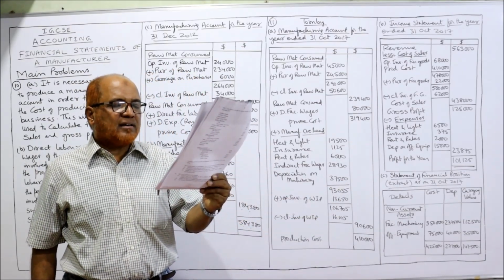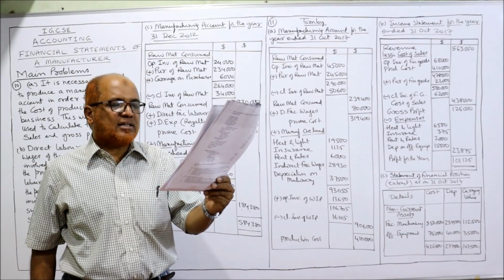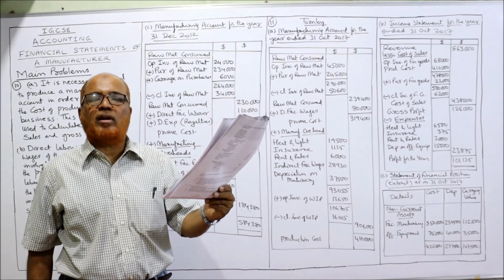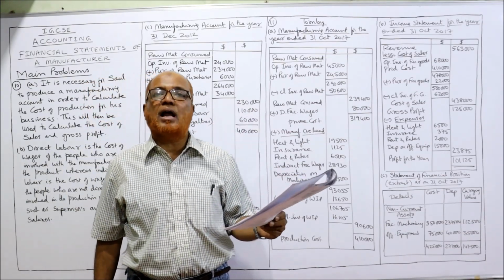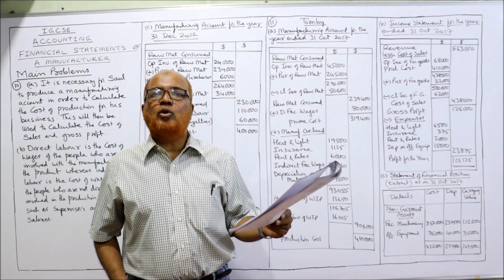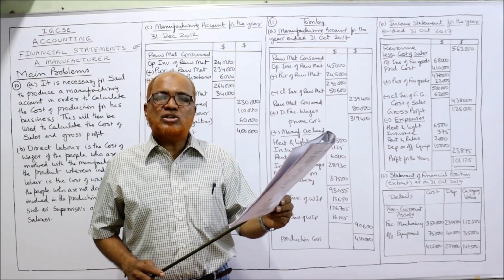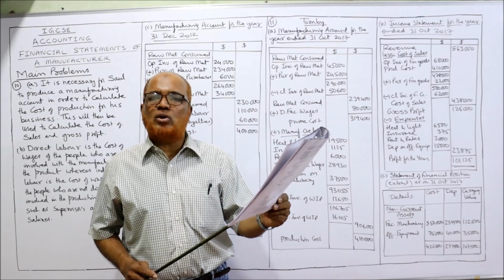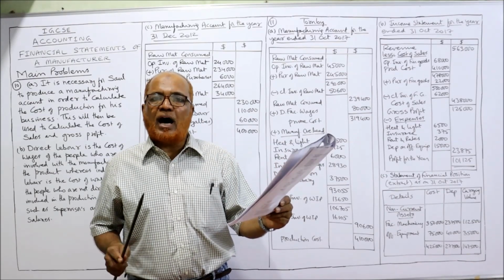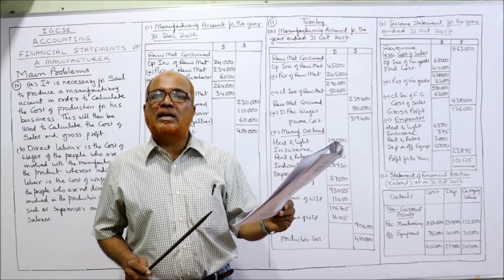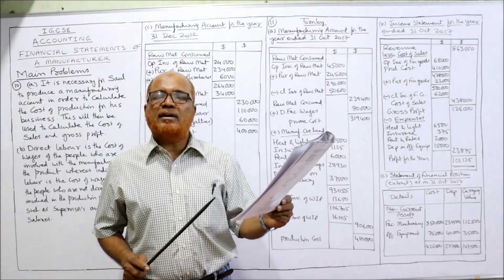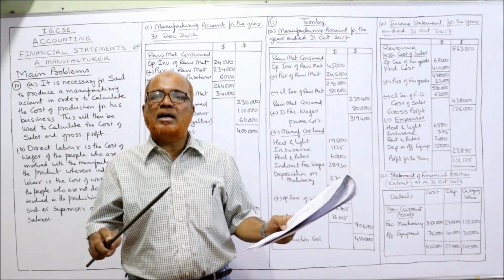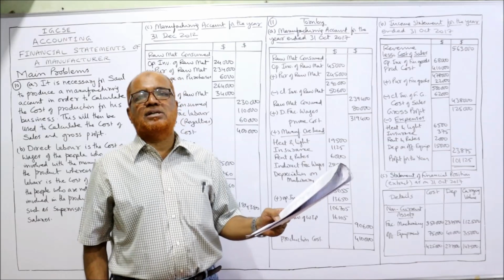Next comes, factory machinery is depreciated at the rate of 25% on reducing balance method, RBM. So in the notebook you write down depreciation on factory machinery 25% on RBM. So in RBM we calculate the net value, carrying value. How to calculate carrying value? Cost minus accumulated depreciation.